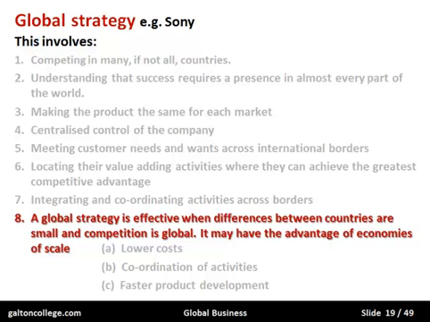If there are big differences between countries, then the company will have more problems in tweaking its operations to suit different countries, different cultures, different economic systems, different ways of working, different education systems. The companies will have to adjust quite radically to different countries. But if all the countries it enters are very similar, then of course it can reap the advantages of globalization easier.